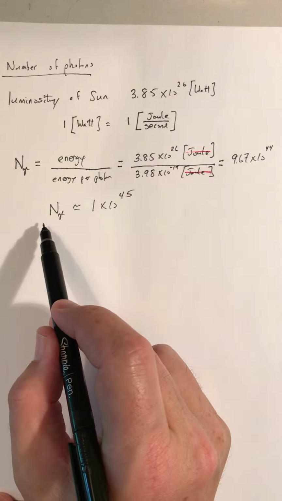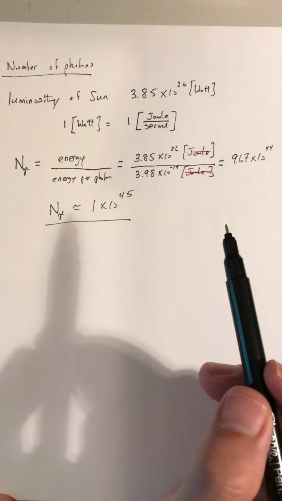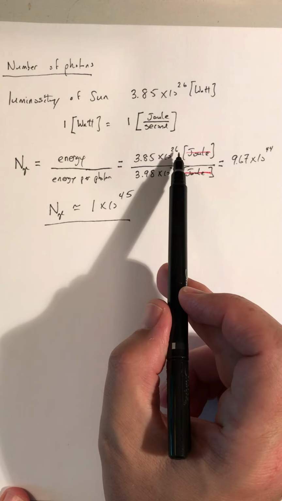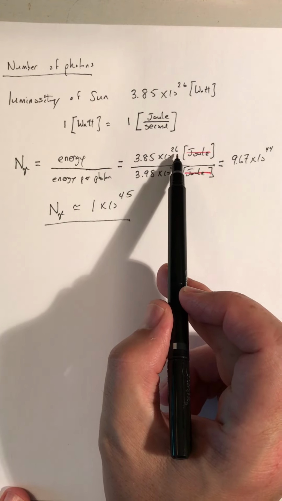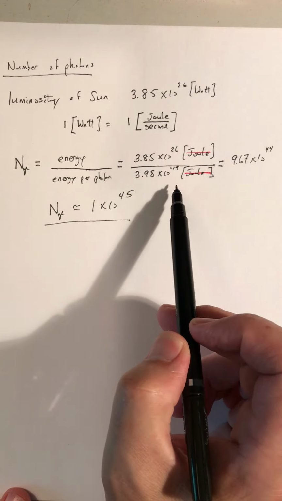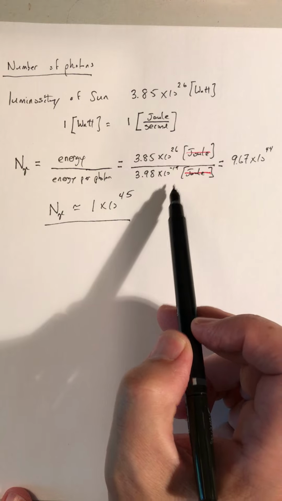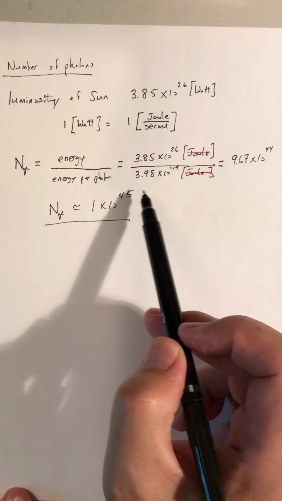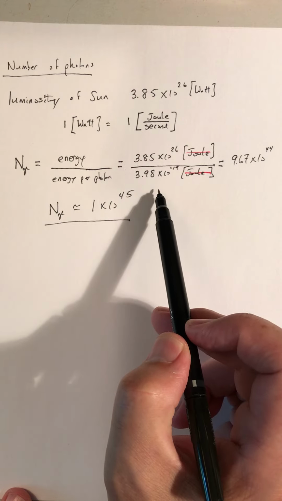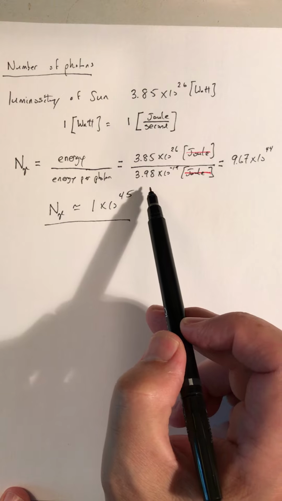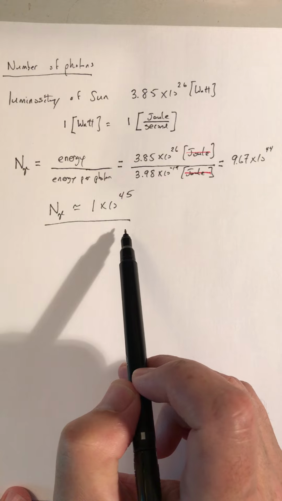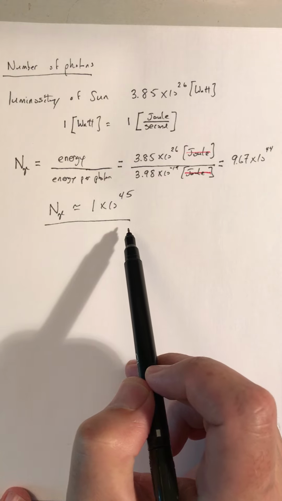So this is truly a huge number of photons, in part because the sun is just stupid bright, and because the quantum scale is very, very small. So that energy being carried by light away from the sun is quantized into very, very, very small packets of light energy, and therefore we have a very large number of photons coming from the sun every second.